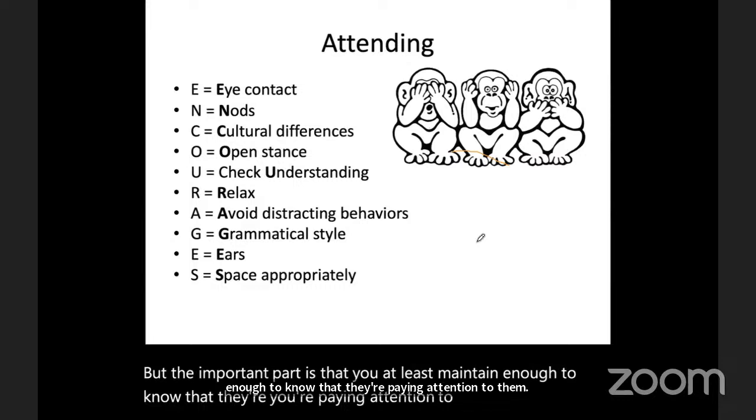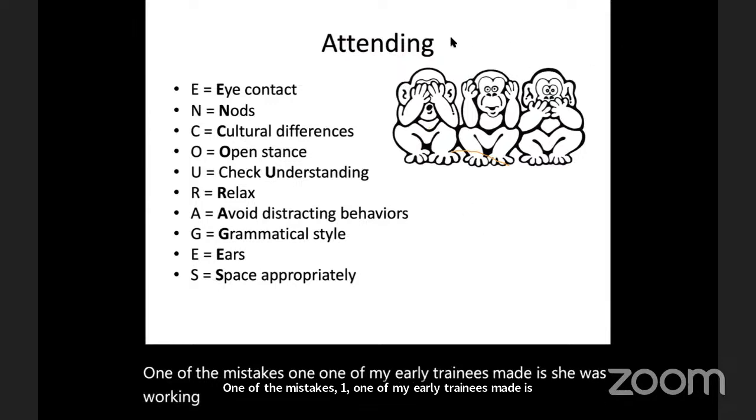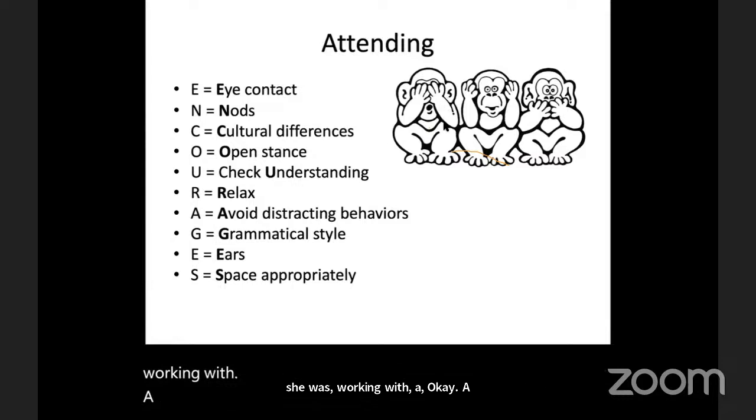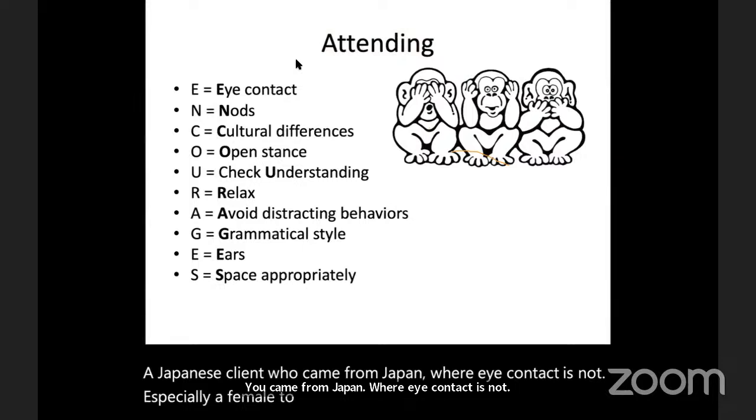One of the mistakes one of my early trainees made is she was working with a Japanese client who came from Japan, where eye contact is not, especially a female to male, is not a very acceptable thing to do.